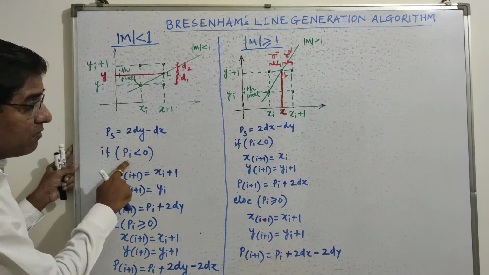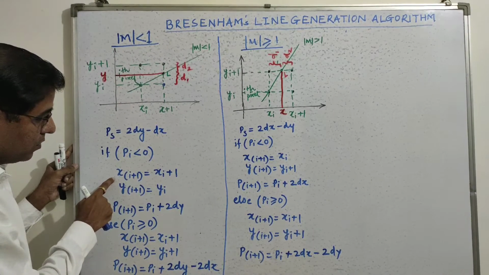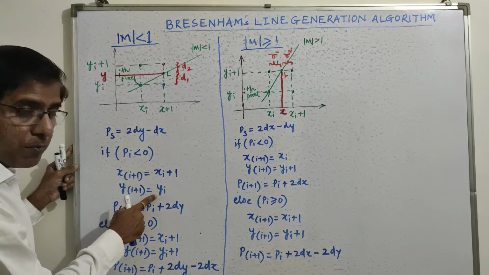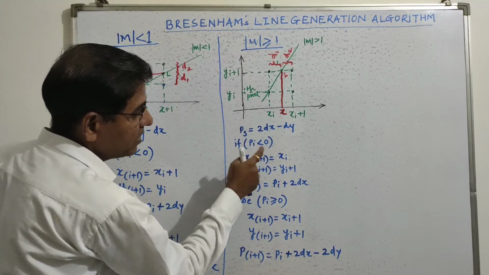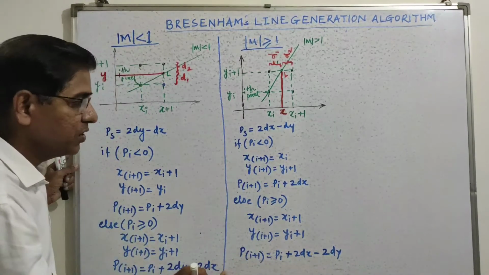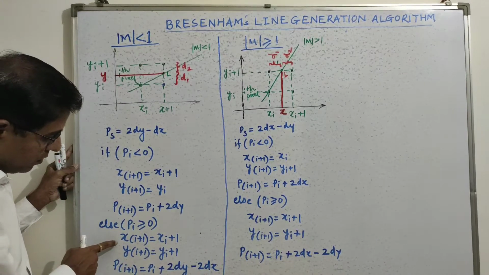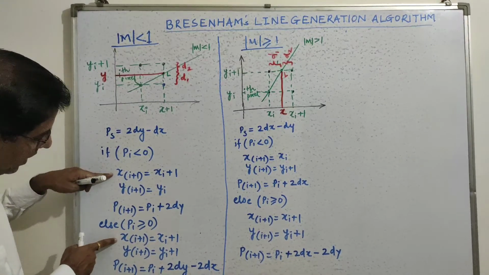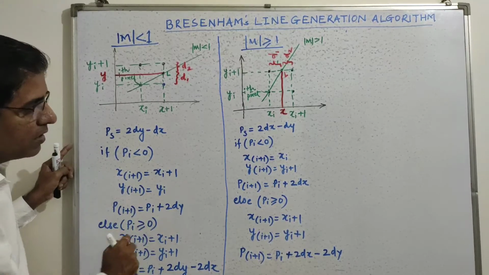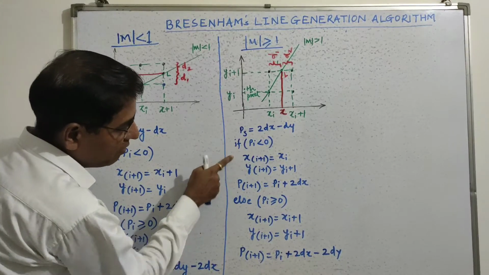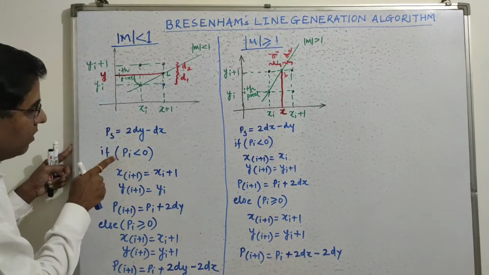Similarly, for p less than 0, here y remains unchanged, whereas there, for pi less than 0, x remains unchanged. Here x and y both, for both the if and else conditions, x is incremented by 1, whereas there, in both if and else conditions, the value of y is incremented by 1.